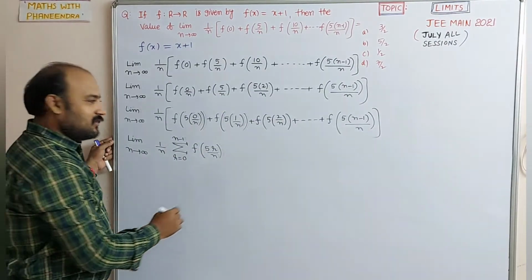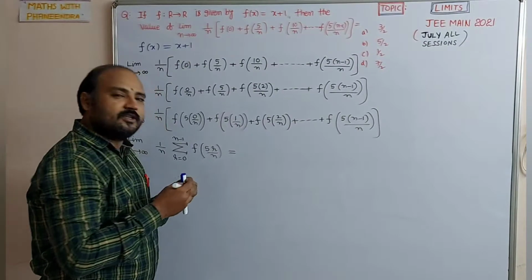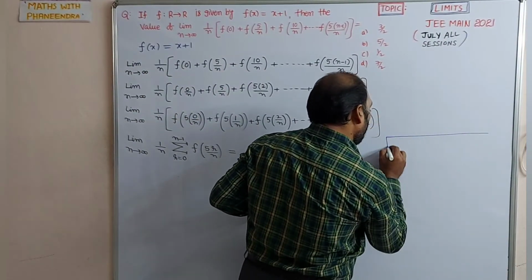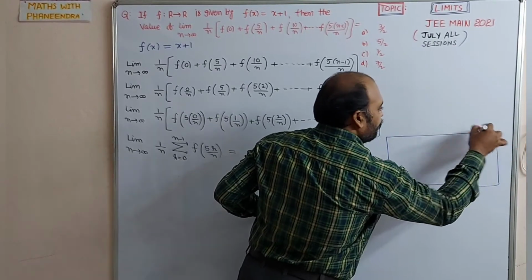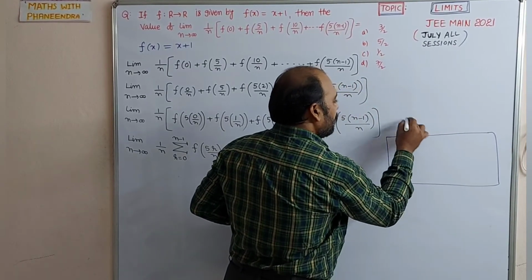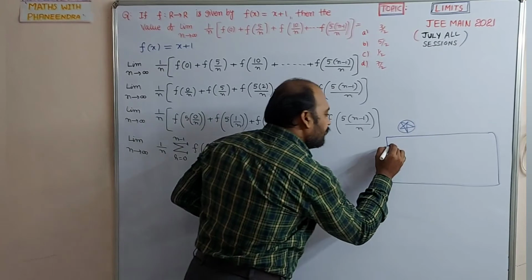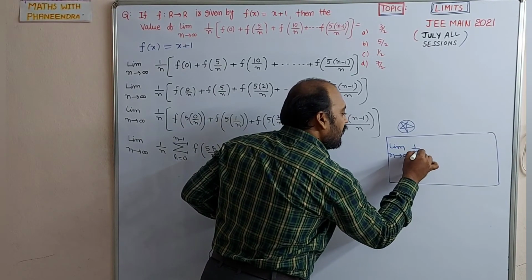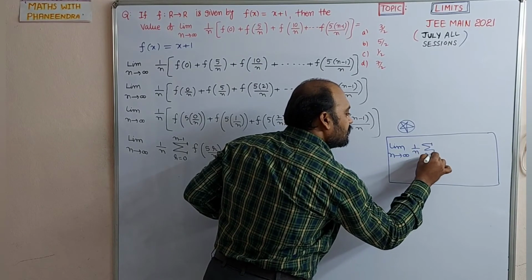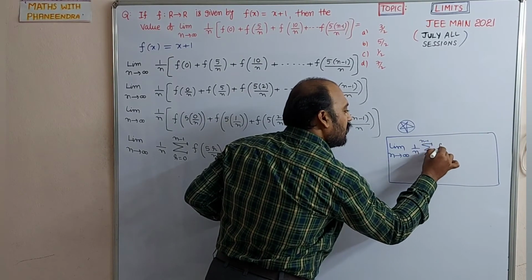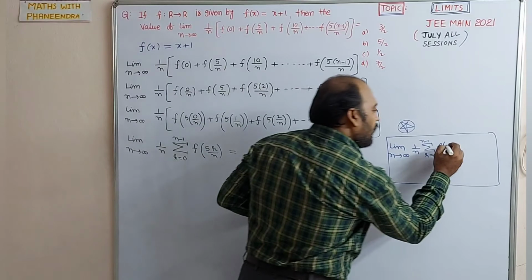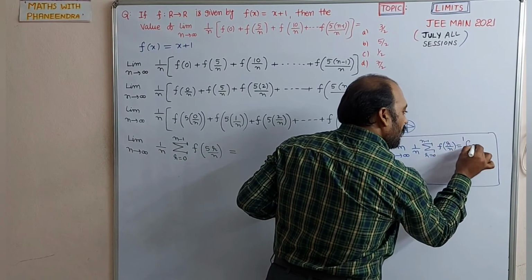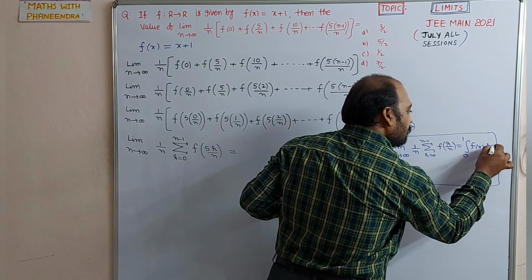Yes. After that, we have the formula in definite integration in the second year. We have the formula: limit n tends to infinity 1 by n sigma r is equal to 0 to n minus 1 f of r by n is equal to integral 0 to 1 f of x dx.